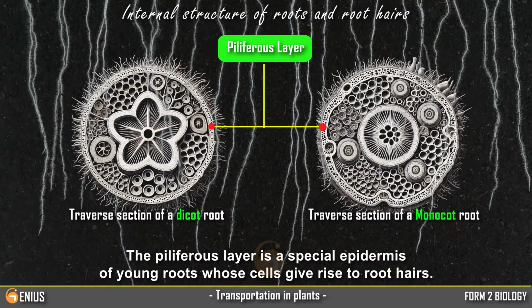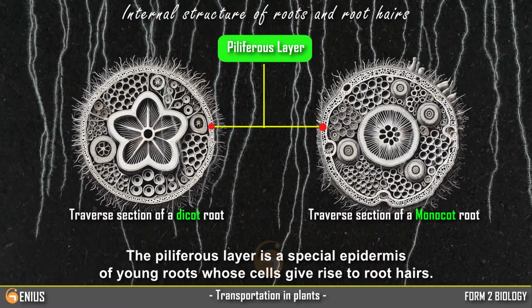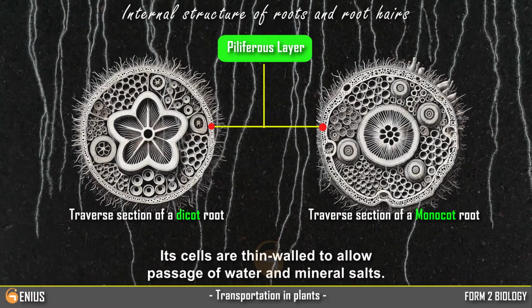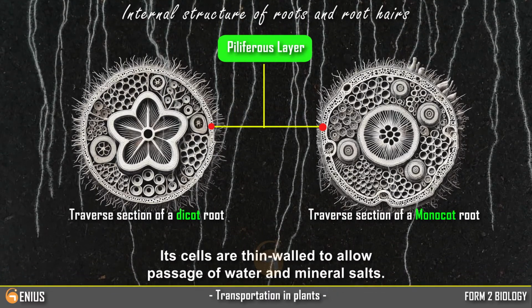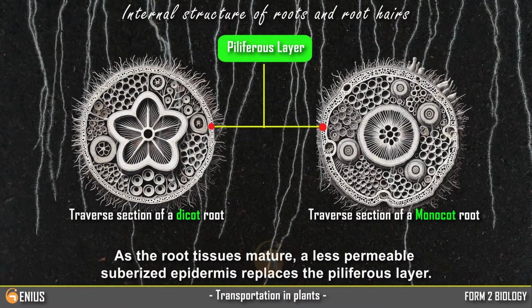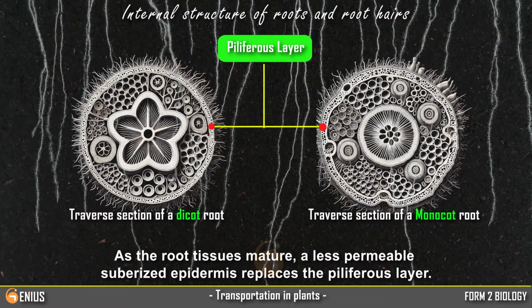The piliferous layer is a special epidermis of young roots whose cells give rise to root hairs. Its cells are thin-walled to allow passage of water and mineral salts. As the root tissues mature, a less permeable suberized epidermis replaces the piliferous layer.